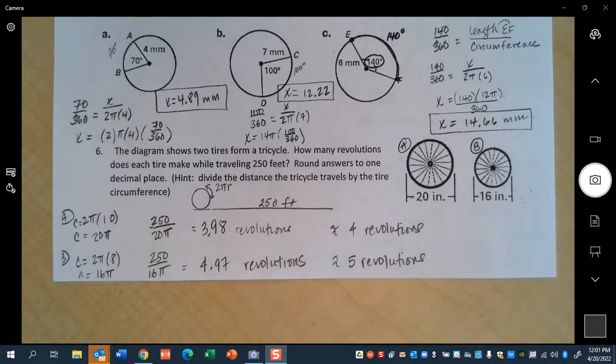Just in 4 inches of difference, a 2-inch difference in the radius, it goes 1 entire extra revolution over just a small distance of 250 feet. So that's an interesting conversation where you take that whole distance and divide it by how many times that circumference rotates around. It makes a big difference.